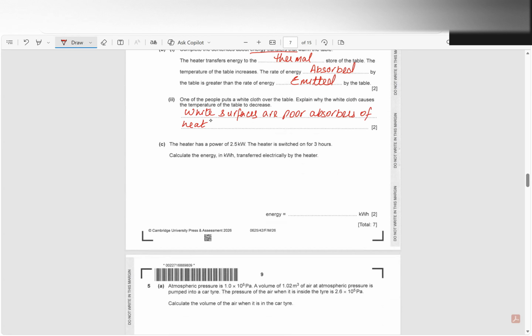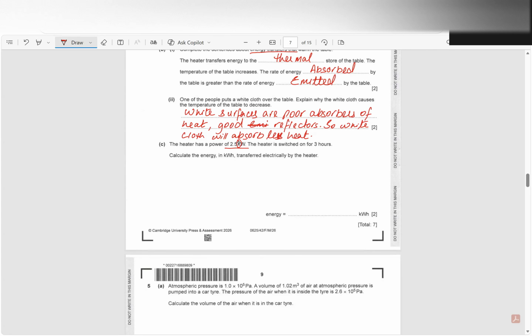They're good reflectors of heat. So the white cloth will absorb less heat.